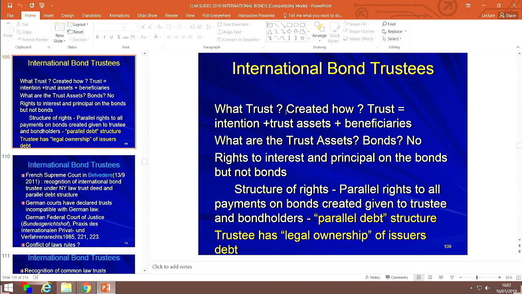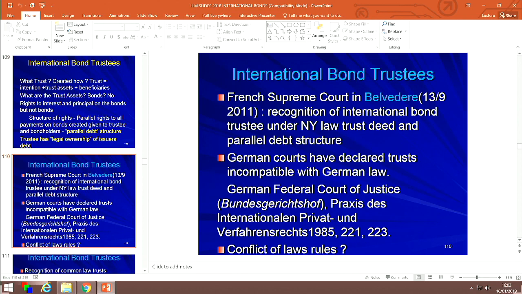The matter actually did come up in France and before the French Supreme Court in 2011. There was an international bond trustee who needed to take action. The trustee was appointed under New York law, with the same identical parallel debt structure that you find in the international markets.